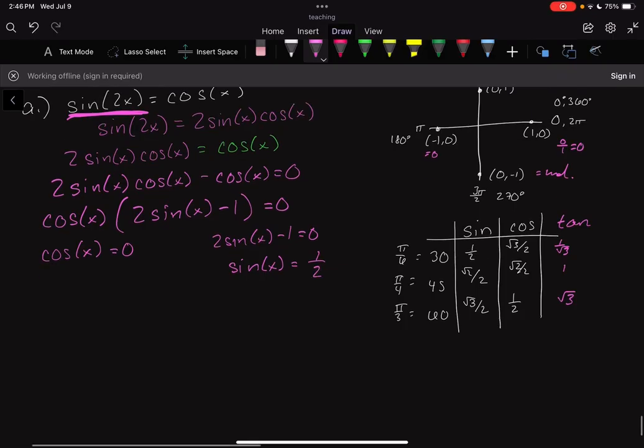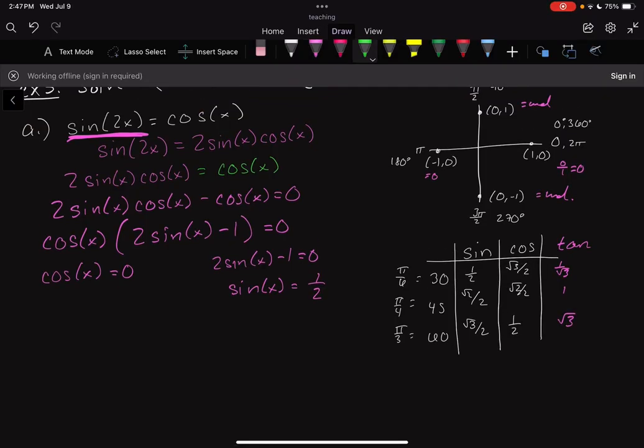Do some algebra. So here are my two equations. Now I can do trig. Up to this point, I've only done algebra. Well, kind of. I guess using the identity was using some trig. The factoring part was just algebra. So cosine x equals 0, that's going to happen at 90, and it also happens at 270.